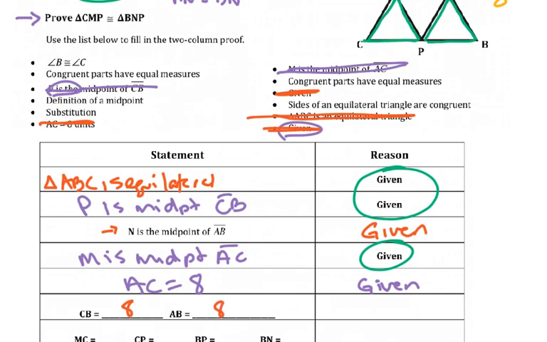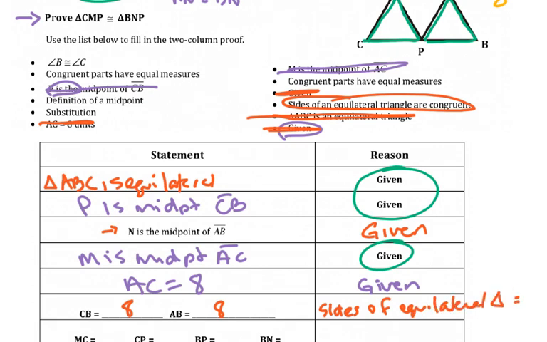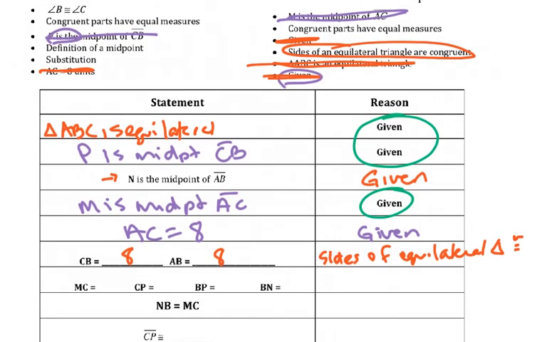And why? Because the sides of an equilateral triangle are congruent. That would make sense.